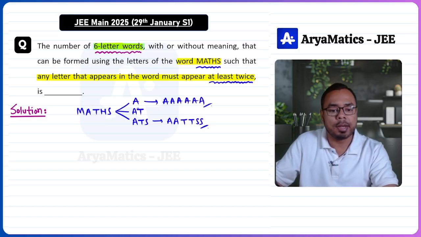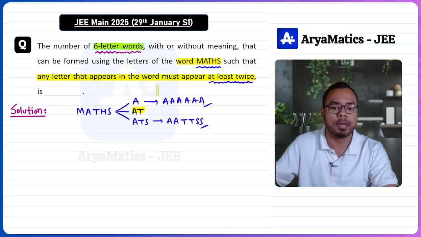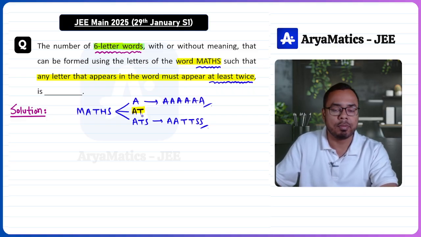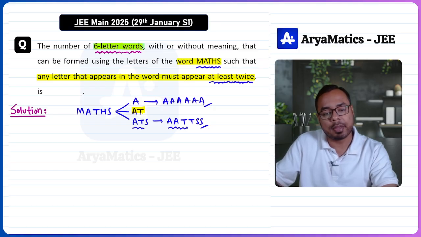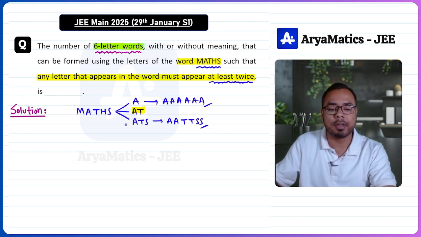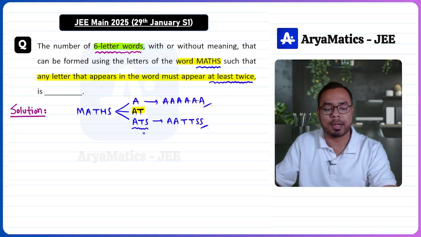If I select 2 letters, then you can have multiple cases: first letter 4 times and second letter twice, or each letter 3 times, or first letter twice and second letter 4 times. And if I select 3 letters, then each letter we have to use exactly twice, because if I use any letter more than 2 times, then another letter we have to use less than twice. So if you select 3 letters, then at least twice will mean exactly twice.